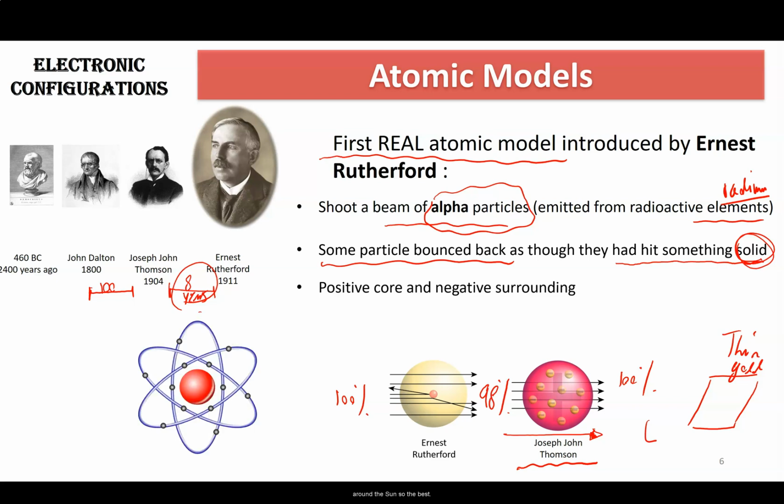So the best representation that he could propose at the time was that you have a positive core surrounded by negative electrons orbiting that positive core, much like a planetary system. Obviously, there were some flaws and problems with that, and the flaws were addressed by the next scientist. One of the most important problems was the gravity and the effect of opposing charges, which we're going to see in the next slide.